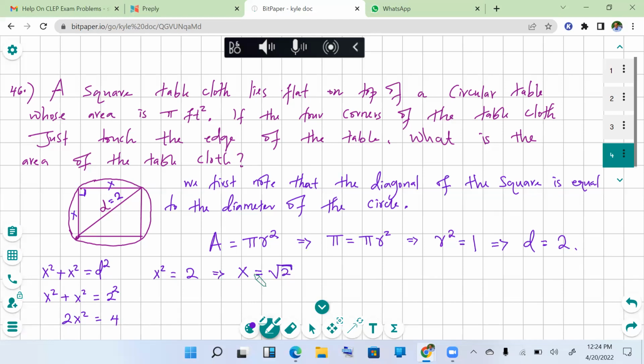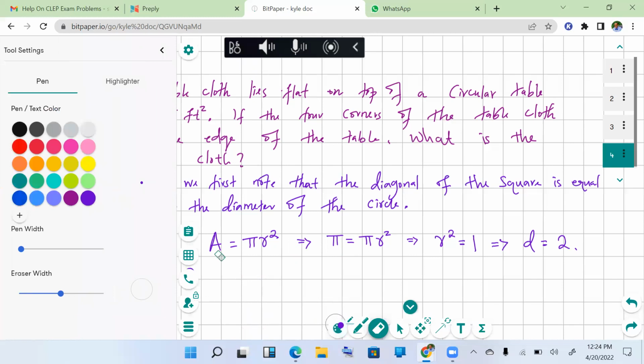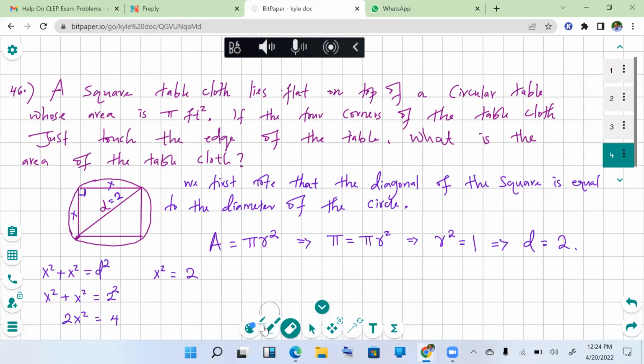Okay? So let's think about how we find the area of a square, right? The formula for the area of a square is A equals one side multiplied by the other side, which is equal to x squared.